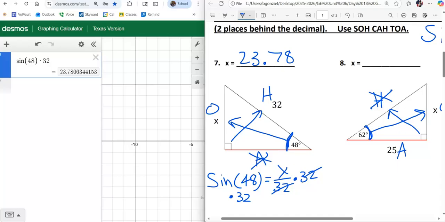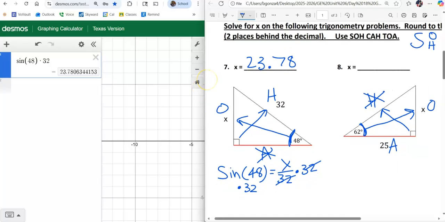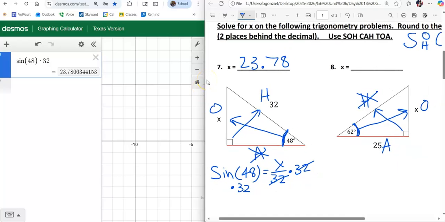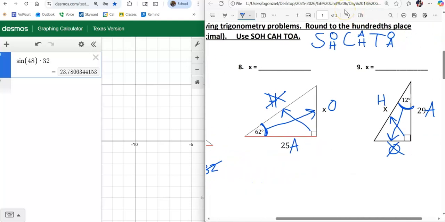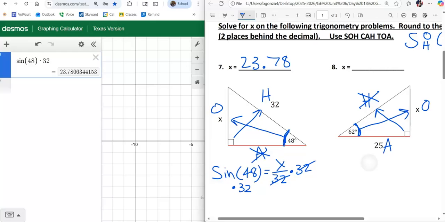What about number 8? If I have OA, we remember that OA is TOA. So it's going to be tan. So tangent of 62 equals O over A, X over 25.